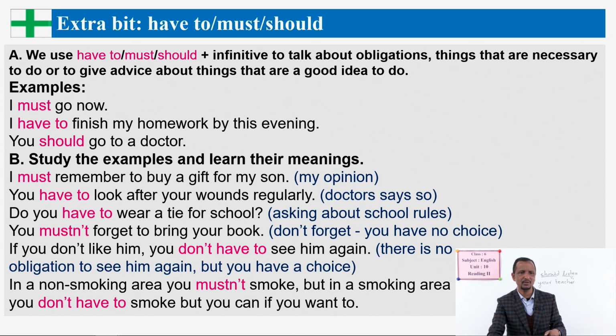Similarly, you have to look after your wounds regularly. If there are wounds in your body, you have to take care. Who says that? Doctor. So these kinds of meaning, after reading this, you can understand. Okay? So this is up to you, dear student.